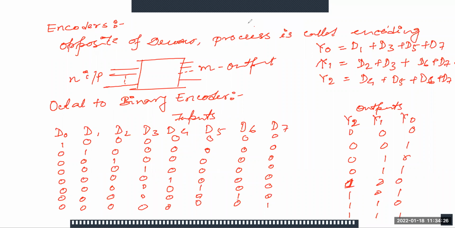Okay, so from this expression, the octal to binary encoder can be implemented using the three 4-input OR gates. So how will it be implemented? Here I will design the octal to binary encoder using three 4-input OR gates. I am erasing these things.